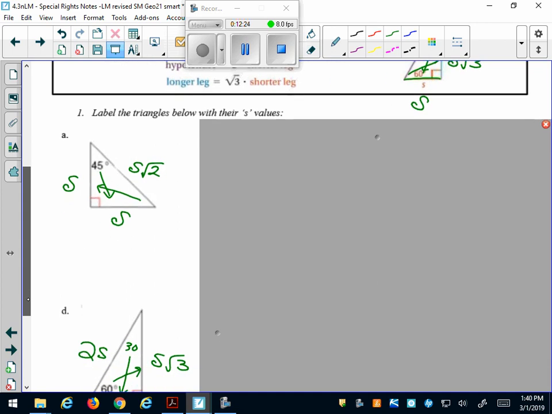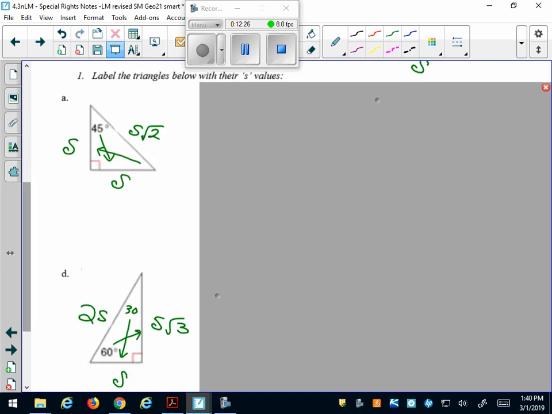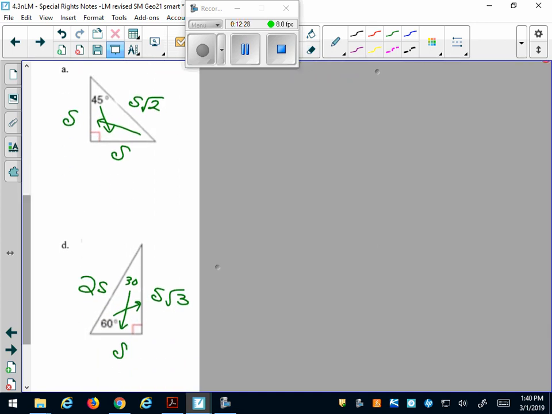Now, when we memorize these things, there's a couple tricks I like to think of. First of all, I always remember that there's a 2 in my hypotenuse. In both cases, there's a 2. One of them is 2S. The other one is S root 2. So remember that the 2 is always in the hypotenuse. Now, it would be way too easy if 45, 45, 90 was S, S, and 2S.